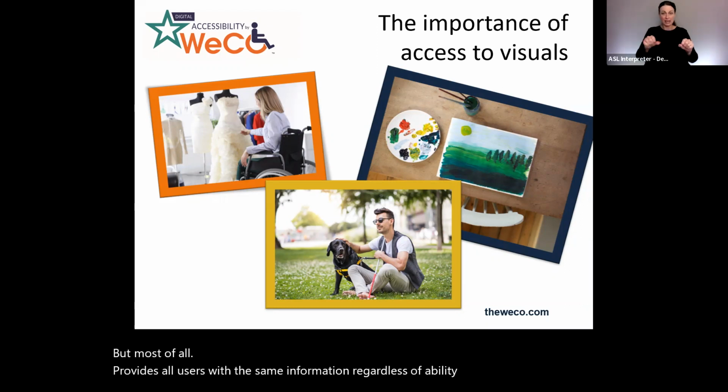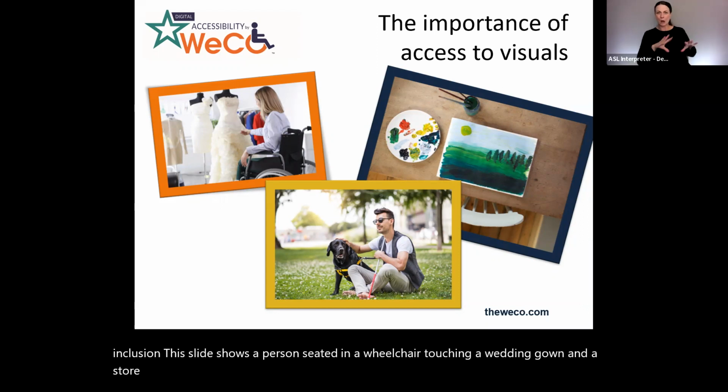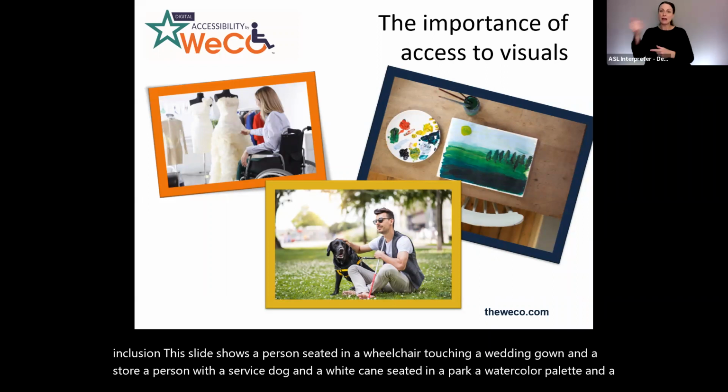This slide shows a person seated in a wheelchair, touching a wedding gown in a store, a person with a service dog and a white cane, seated in a park, a watercolor palette, and a painting on a table.